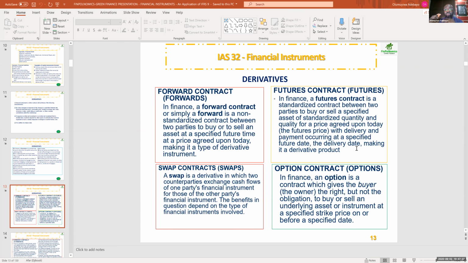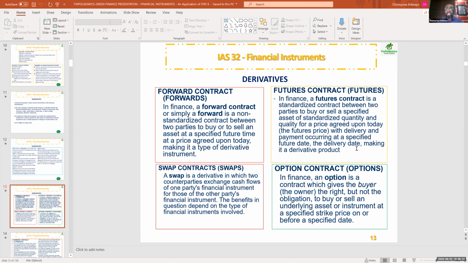Now, imagine at the settlement date, I discovered that the dollar is now 600 naira. I might decide not to sell the dollar to you. Why? Because I'd prefer to sell in the market at 600 rather than execute the terms of that contract, which compel me to sell to you at 450.